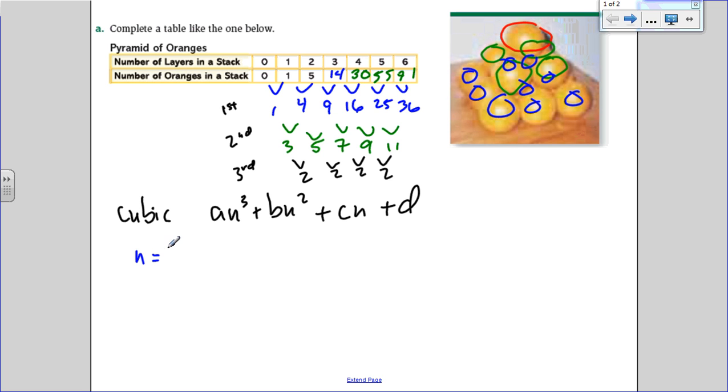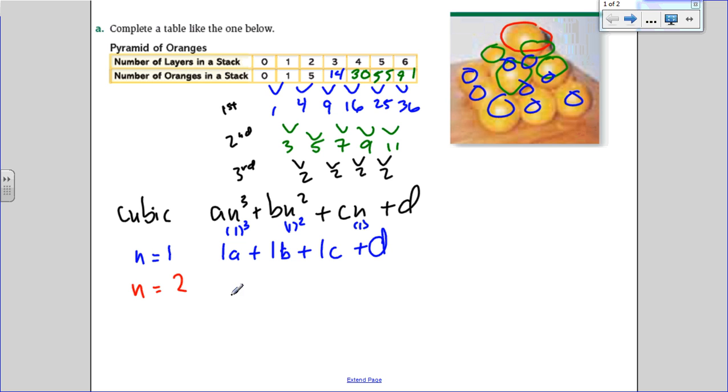So when n equals 1, I get a 1a plus 1b plus 1c plus d. Just by plugging in that n value, notice I get a 1 cubed, a 1 squared, a c times 1, and then a d.